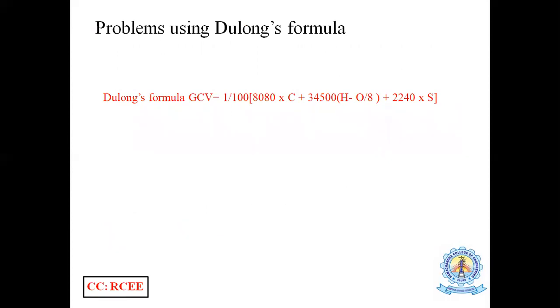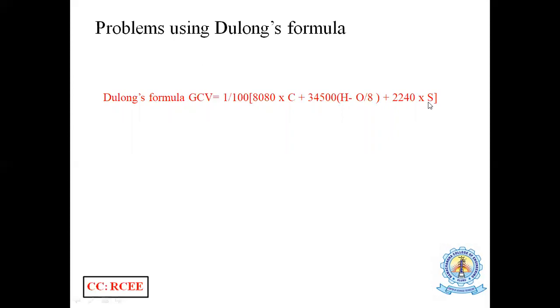And now problems using Dulong's formula. The Dulong's formula can be written like this: GCV, that is gross calorific value, or HCV, is equal to 1 by 100 bracket 8080 into carbon, that is C, plus 34,500 bracket H minus O divided by 8, O for oxygen, H for hydrogen, bracket close, plus 2,240 into S, here S for sulfur.